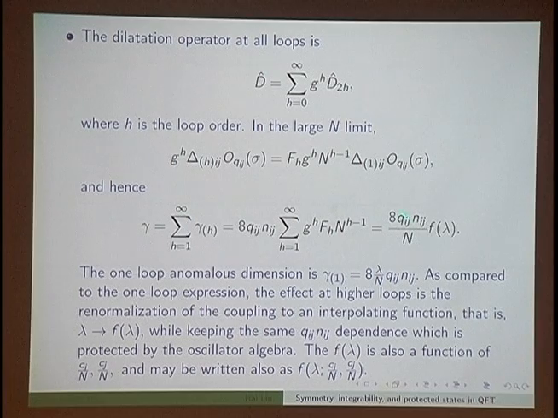The interesting thing is that apart from this interpolating function, there's a common factor, similar to the one-loop and two-loop anomalous dimensions, which is proportional to Qij and Nij. Because Qij is the oscillator level and Nij is the number of open strings, this part is protected by the oscillator algebra. So when comparing this function to the function appearing in the one-loop expression, lambda is effectively renormalized into an interpolating function, f of lambda.